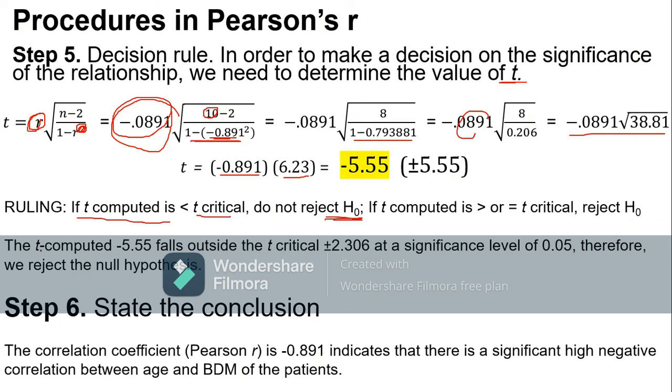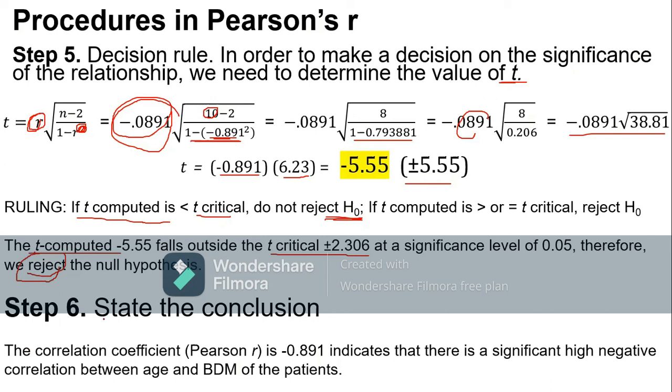Okay, so in here, di ba, ang ating t computed value is negative 5.55, that this falls outside the critical value, the t critical value, since ang ating t critical value ay positive or minus 2.306 at a significance level of 0.05. Therefore, we have to reject the null hypothesis. Kasi mas mataas yung value ng na-compute natin na t value in Pearson kaysa dun sa ating t critical value.